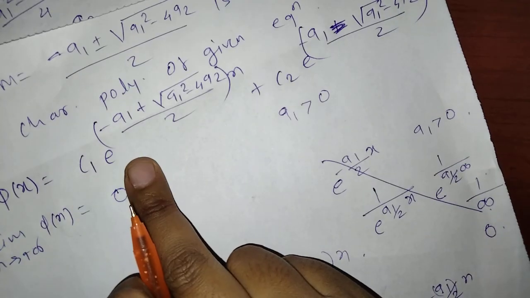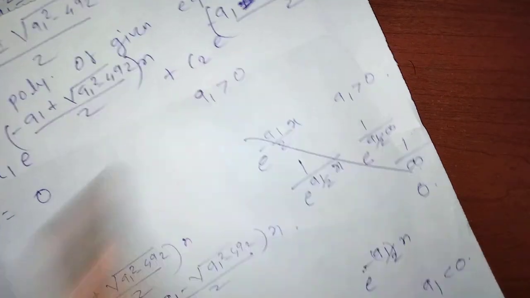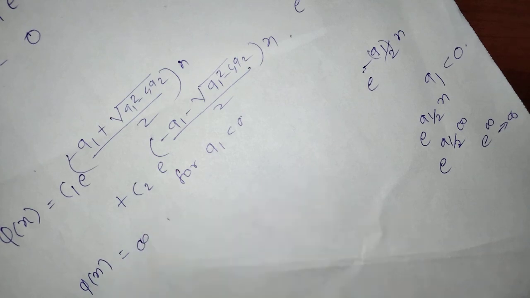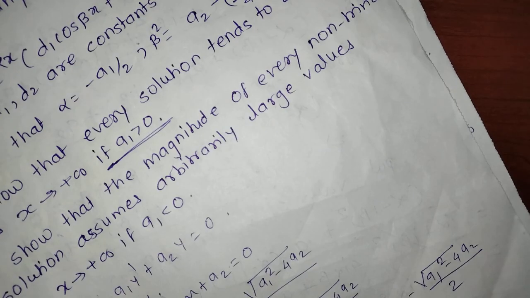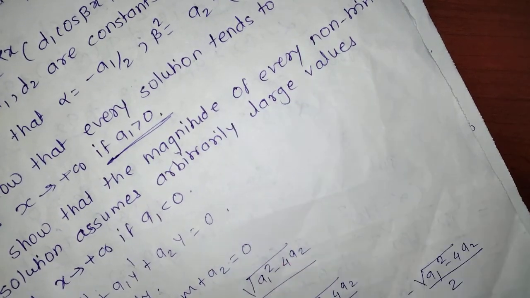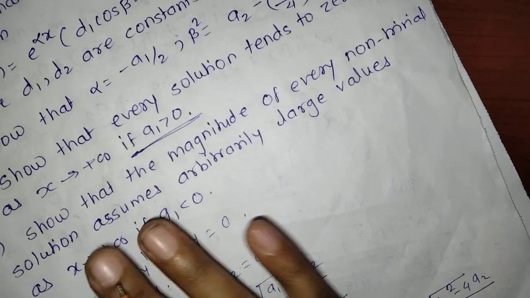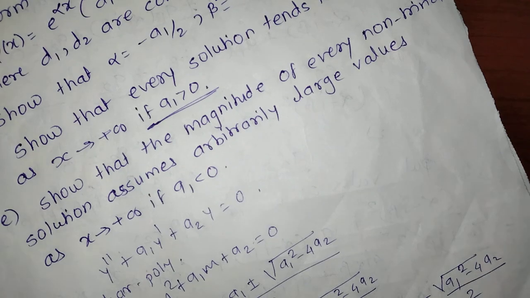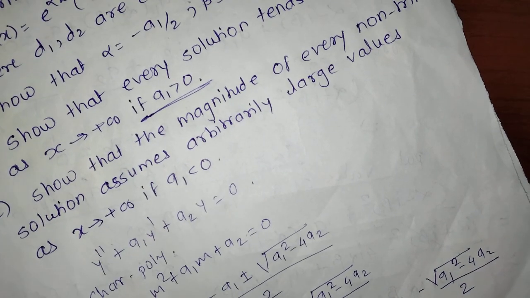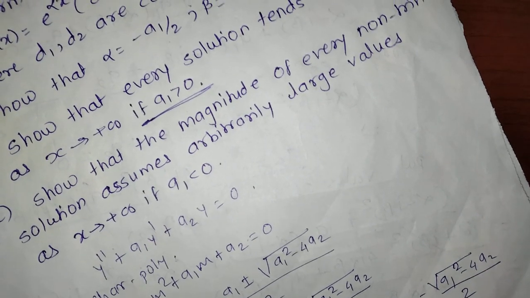So c1 into infinity plus c2 into infinity is infinity. So here we have shown that the magnitude of every non-trivial solution assumes arbitrarily large values as x tends to plus infinity if a1 less than 0. Now here we stop.